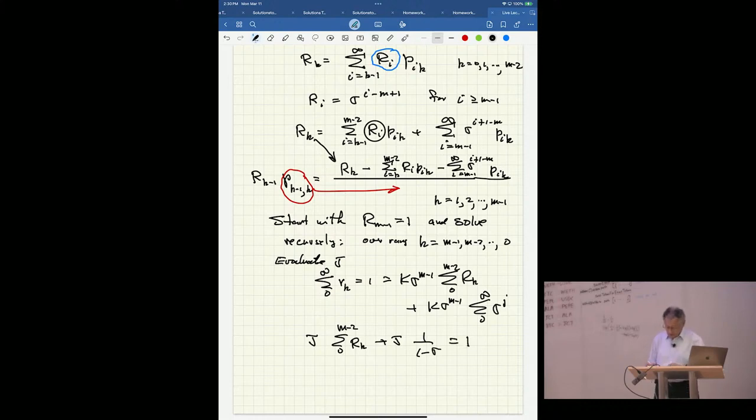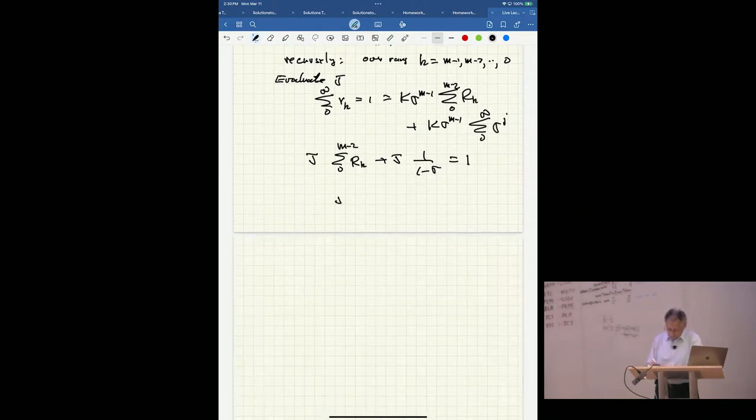So finally, we get the expression that j itself, in terms of the r's, is 1 over 1 minus sigma plus that funny sum of the now known r's, k equals 0 up to m minus 2, of r sub k. So in principle, I've got j, which is k, and all the unknown r's through this recursive equation. The point is, that's the process you use to find those unknown constants.